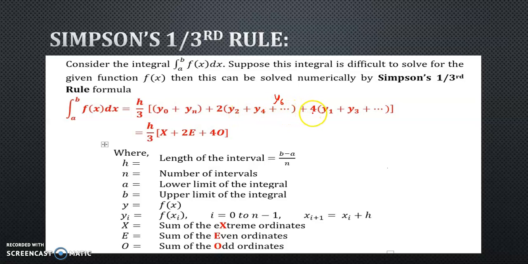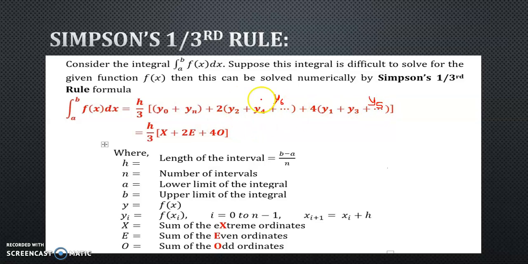Plus 4 times (y1, y3, y5, etc.), which will go on until the last value of y where the subscript is an odd number.